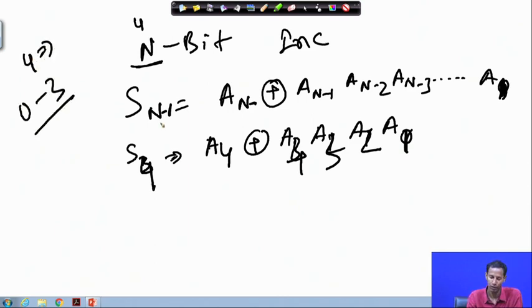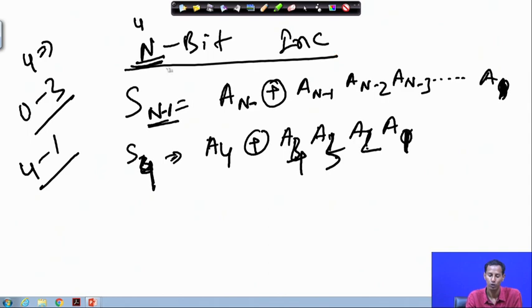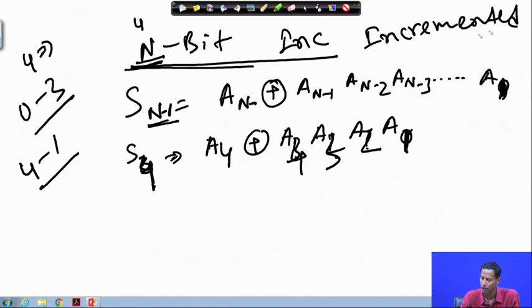So, if I make it n minus 1, then if I consider n as 4, the value for 4 bit will be 4 to 1, that is 4, 3, 2, 1, correct. So, for n bit this is it. So, this is an n bit incrementer, incremented by 1.